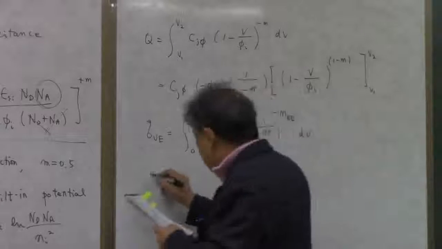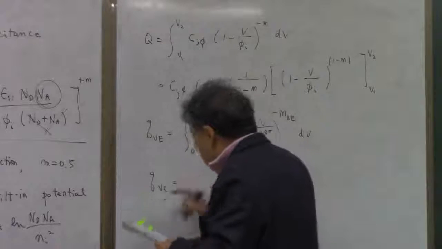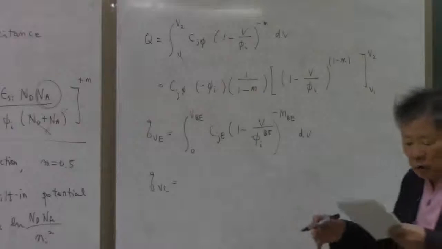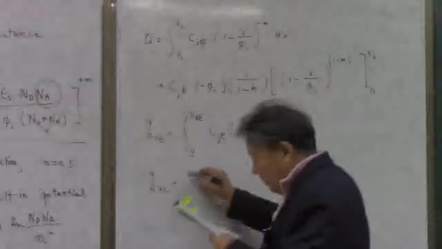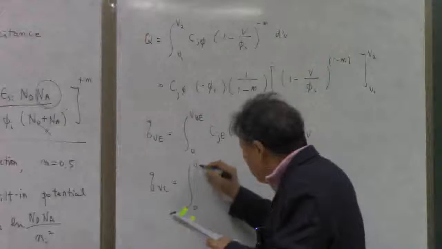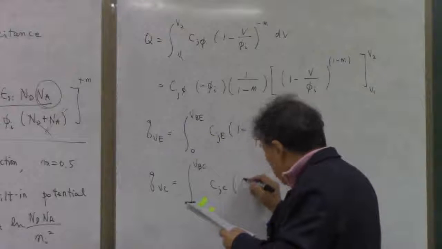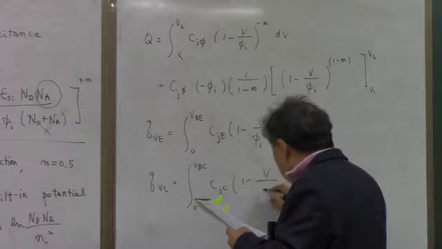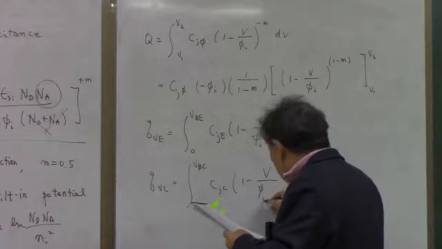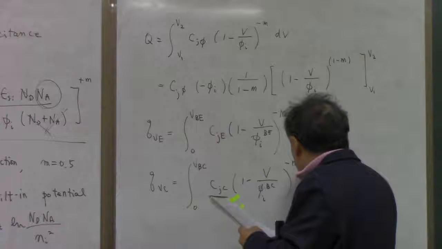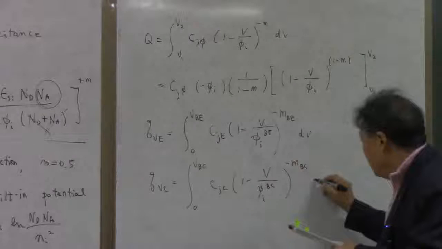In the same token, we can get the charges in the space charge region of base and collector like this, with V BC, 1 minus V over phi I to the minus m dV.